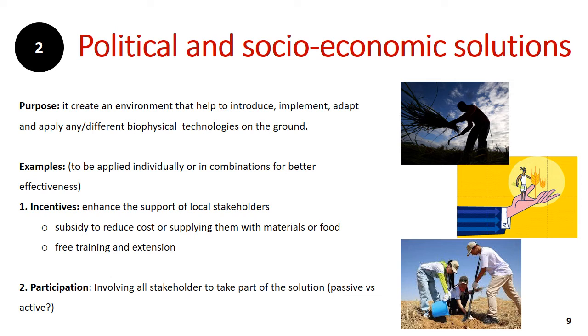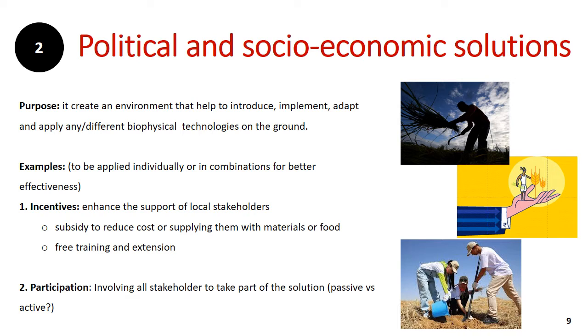Active participation is the second one, when you really involve all of the stakeholders, like the farmers, the government, the big figures in the community, and the decision makers.